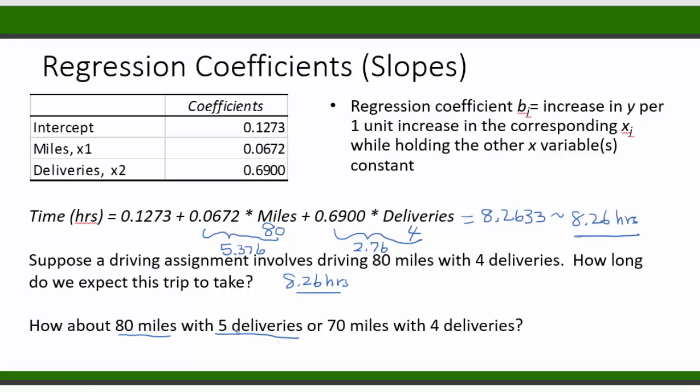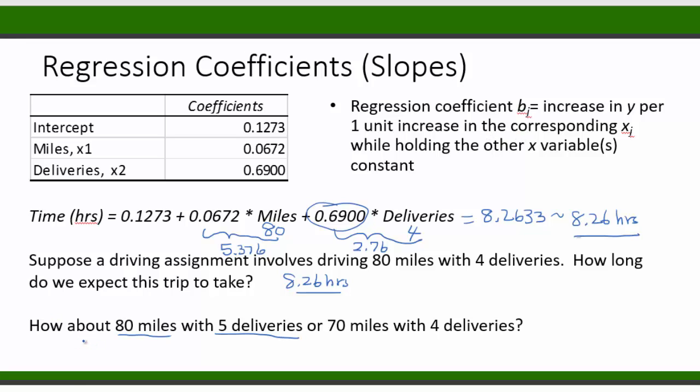Now how about 80 miles with 5 deliveries? Well, that's one more delivery than this driving assignment, right? The same number of miles. So then we would expect it to take 0.69 hours more than this previous assignment. How do we know that? Well, because 0.69 is a slope for the deliveries. That is, it gives you the increase in the time per unit increase in the number of deliveries.